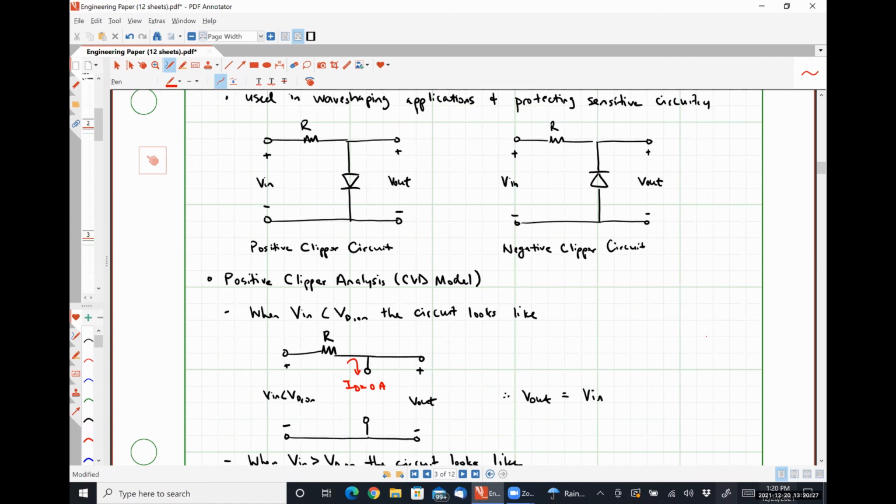And we can actually put both of these guys in parallel and make sure that the voltage that's applied is always going to be between positive 0.7 and negative 0.7 if we wanted to. That would be what's called symmetrical clipping. We can also do asymmetrical clipping by putting different types of diodes in, which is done a whole heck of a lot in the design of effects pedals for guitars.